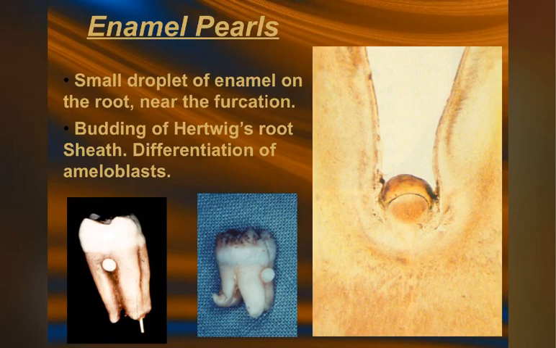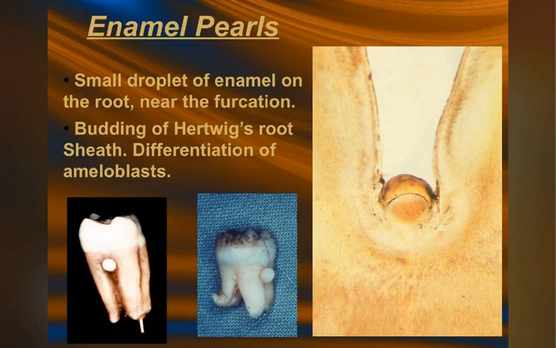The reason why it formed is thought to be due to the budding of Hertwig's epithelial root sheath. Budding is the splitting of the internal enamel epithelial layer from the outer enamel epithelial layer of Hertwig's epithelial root sheath. And when they split away from each other, they retain their original structure, with the stellate reticulum in between and the stratum intermedium.